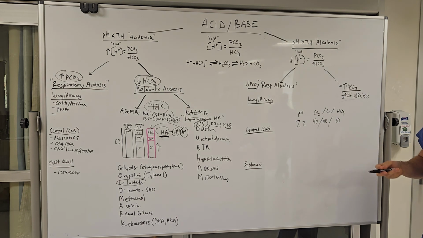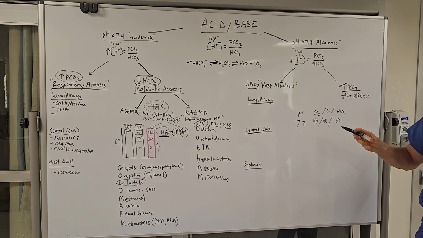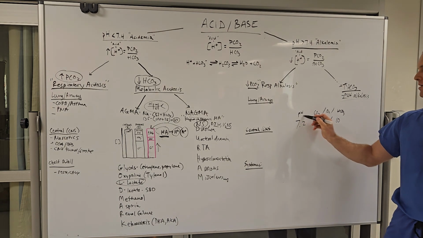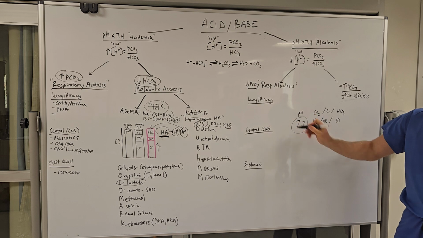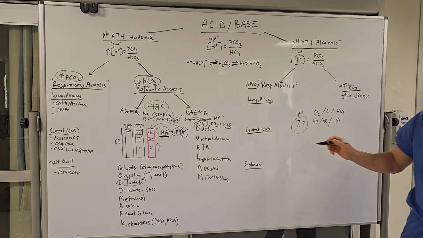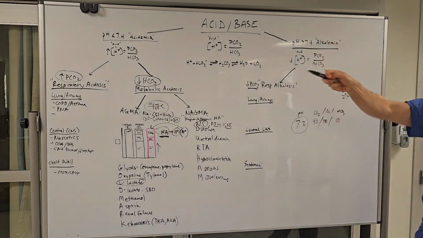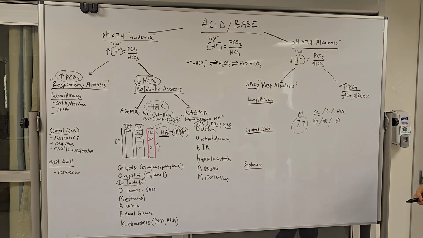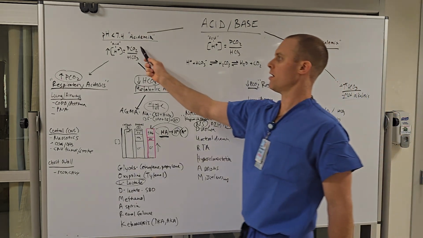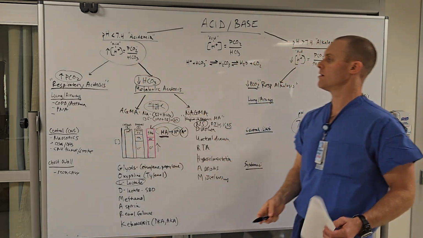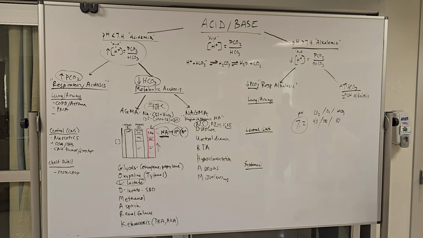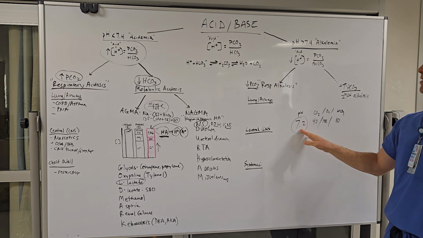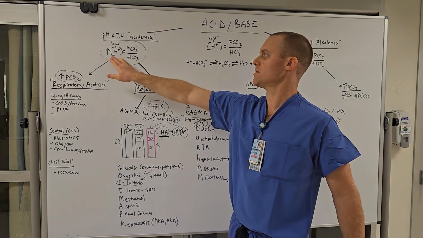Okay, so let's talk through this real quick. What's our pH? Is it greater than 7.4 or less than 7.4? Okay, it's less than 7.4. So we're in what side of this? Acidemia. Okay. And then what's the issue here? Do we have a PCO2 issue? We're acidotic, so we must have an increase in H+.